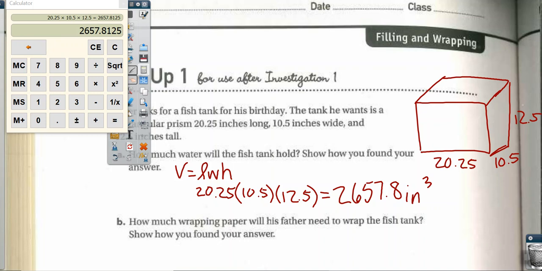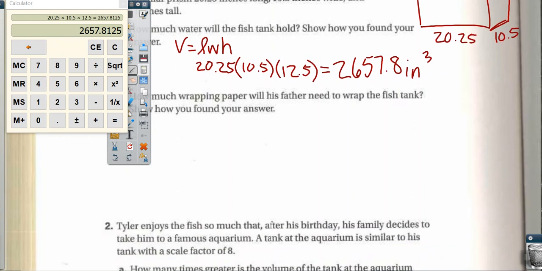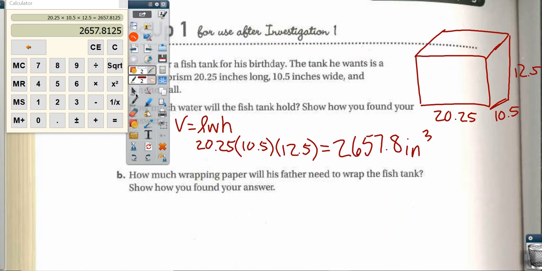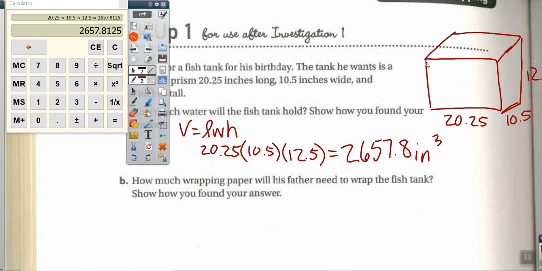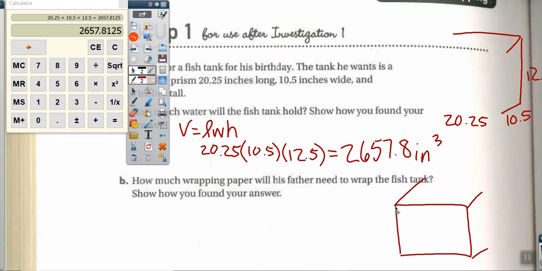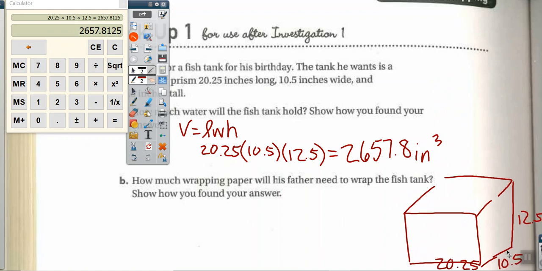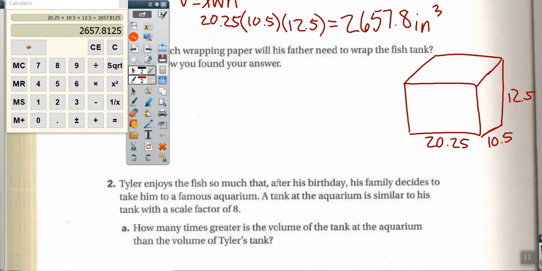For the next problem, it says, how much wrapping paper will his father need to wrap the fish tank? So if we're wrapping something, that means that we need to find the outside of the rectangle. So I know that I need to find the surface area of the entire rectangle.